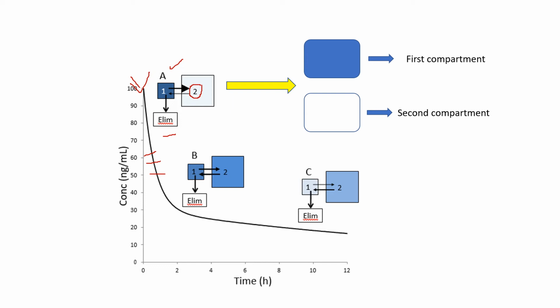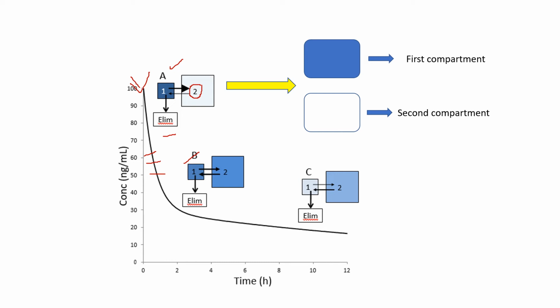So by this time, the concentration in compartment 1 will have fallen, and in compartment 2, the concentration will have risen. And there will be a moment of equilibrium. Drug will be moving in both directions, but there will be no net movement. So you can see there are two arrows here. The drug will move from 1 to 2 and from 2 to 1.